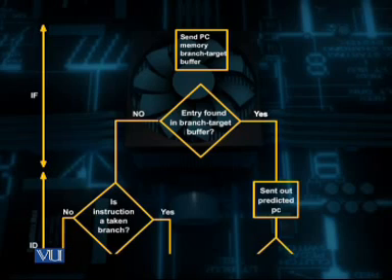So after taking this decision at this stage, in the ID stage, the instruction is decoded, and if in the instruction fetch stage an entry was found in the target buffer as a predicted branch, then it begins fetching immediately from the predicted program counter.